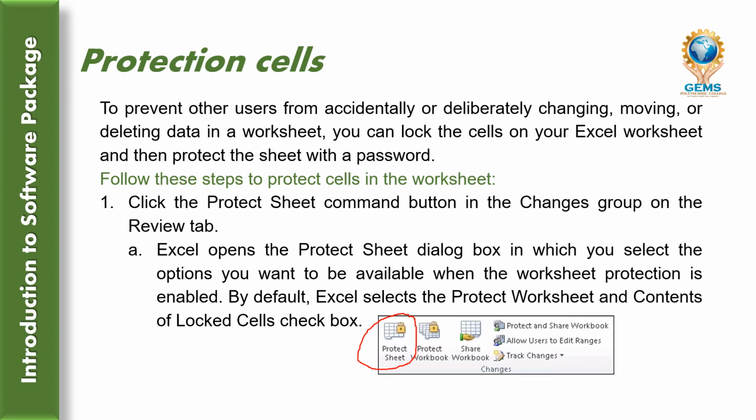Excel opens the Protect Sheet dialog box, and you select the options you want to be available when worksheet protection is enabled. By default Excel selects the Protect worksheet and contents of locked cells checkbox. So you can select it and lock it.